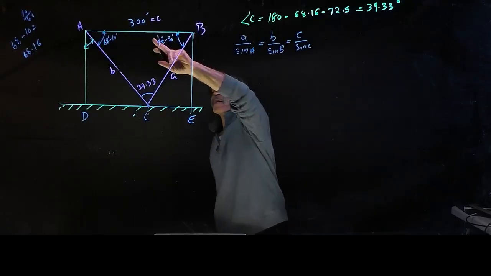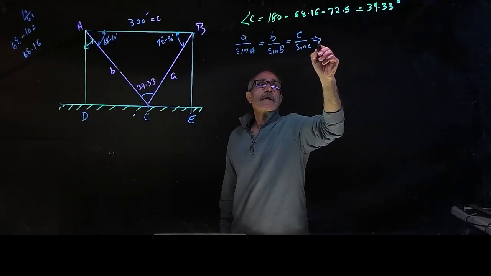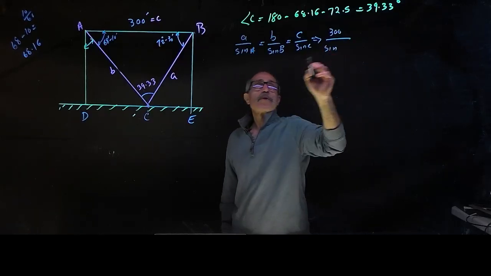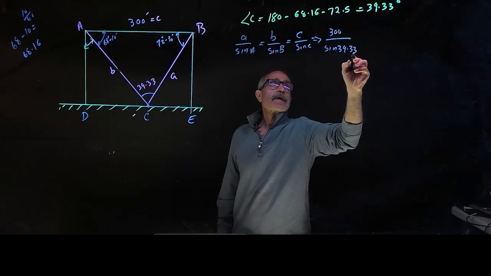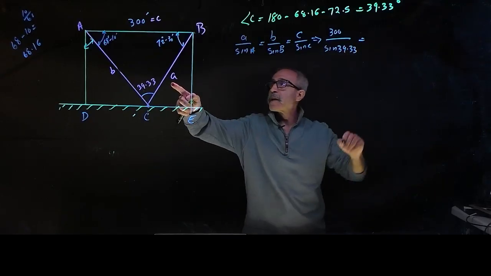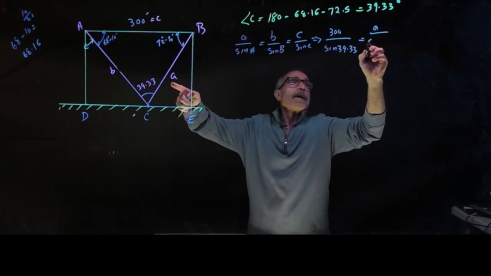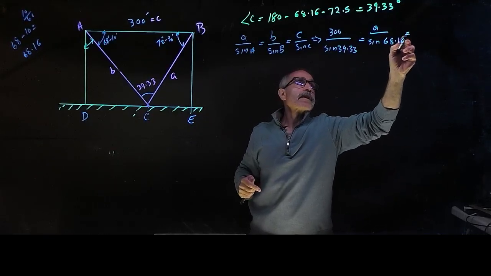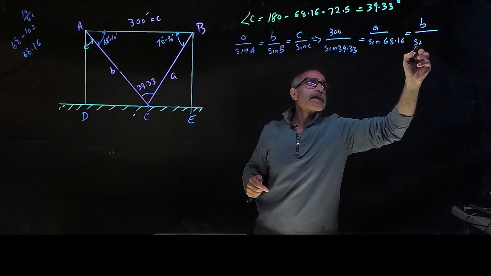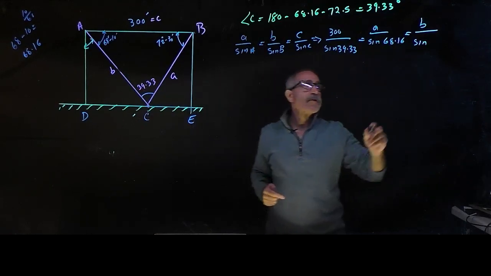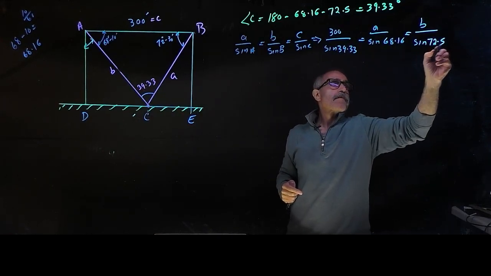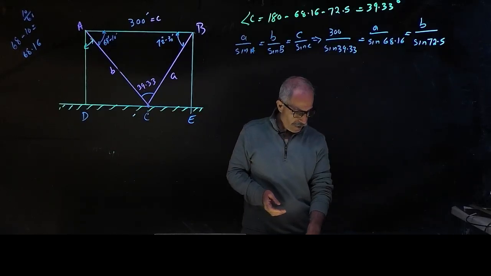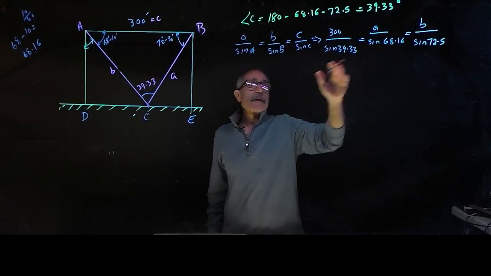So we have 300 divided by sine of 39.33 and is equal A divided by sine of 68.16 is equal B divided by sine of 72.5. If we use those, then we're going to have simple calculation.